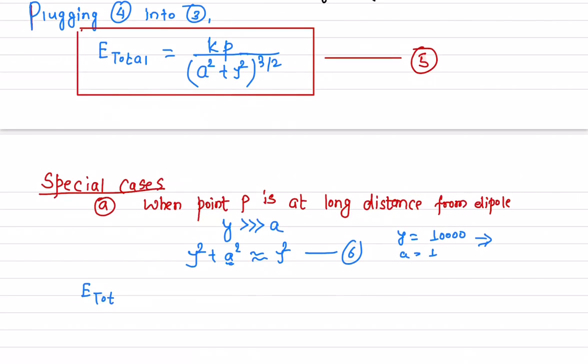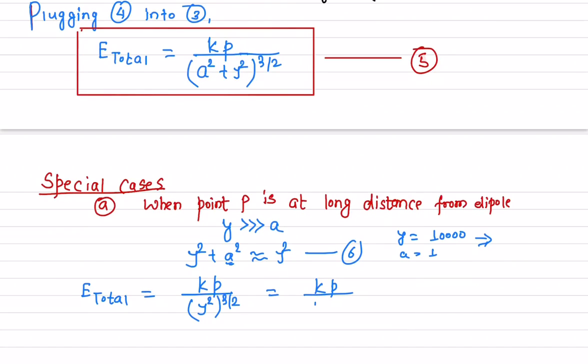What do you get now? E total is Kp, and we can replace a squared plus y squared by simply y squared, to the 3 over 2 power.